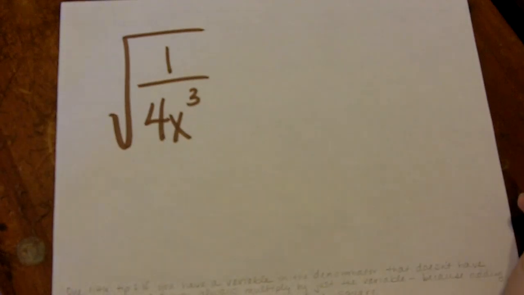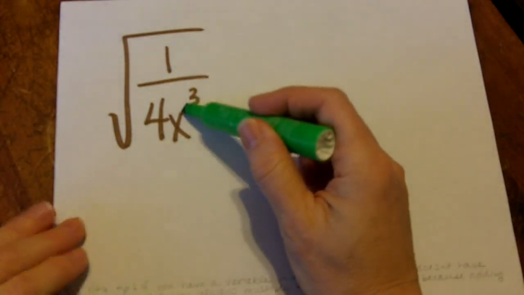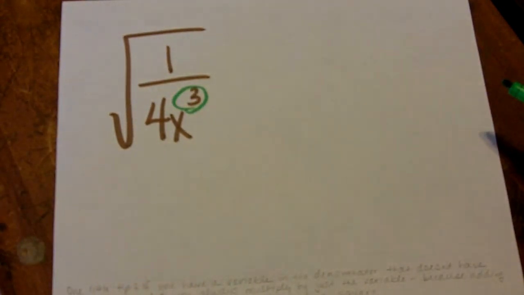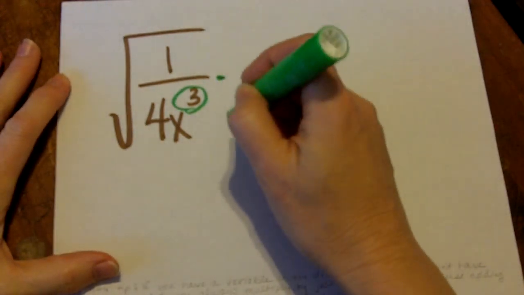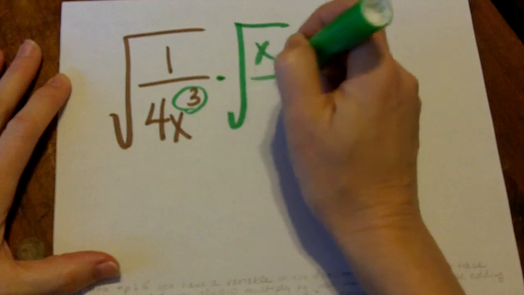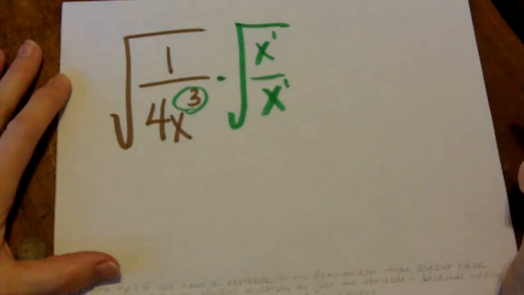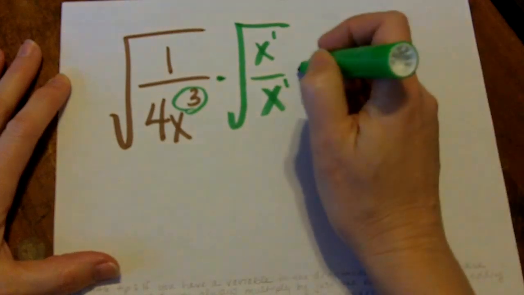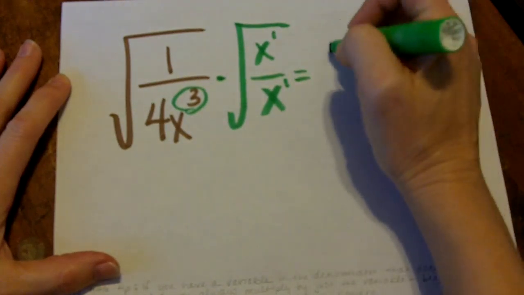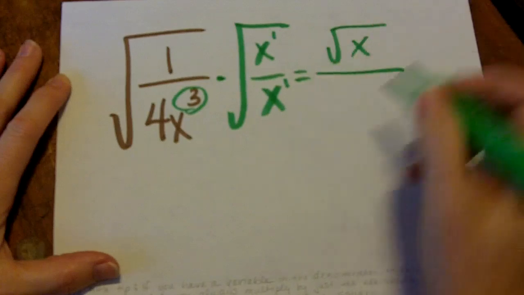Now let me give you one little tip. If you have a variable in the denominator that doesn't have an even exponent, then you can't take the square root of it evenly. You would end up having leftovers. But if you just multiply by the square root of that variable, and remember, when you don't see an exponent, the exponent is 1, you end up with simply the square root of x on the top.